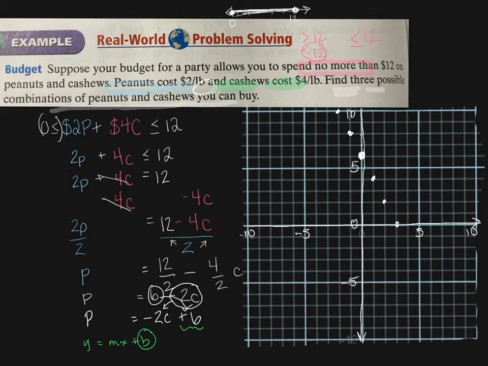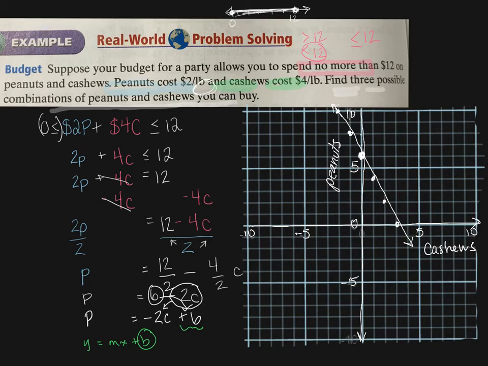So I get a graph that somehow looks kind of like this. As I'm relating the cost of my x here, which is my c, or my cashews, and my y-axis is my peanuts.